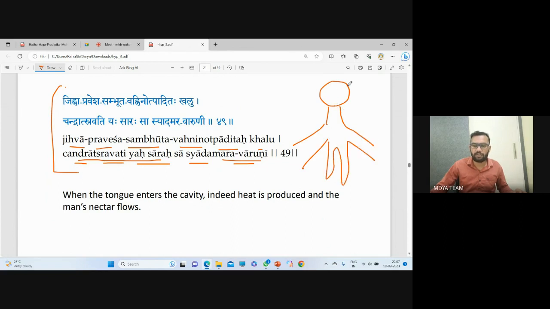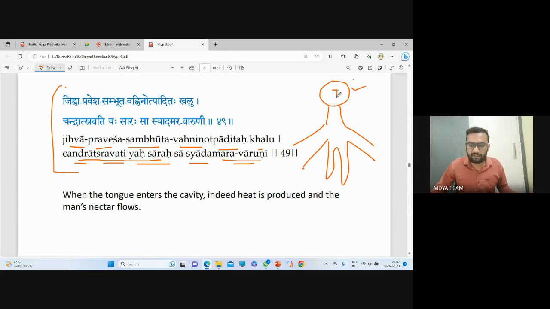You know very well, this is Chandra Mandal, the middle region is Surya Mandal, and below the navel region is Yoni Mandal, okay? In the Chandra Mandal, at the head region, the nectar is released. That's why we call it Chandra Mandal.